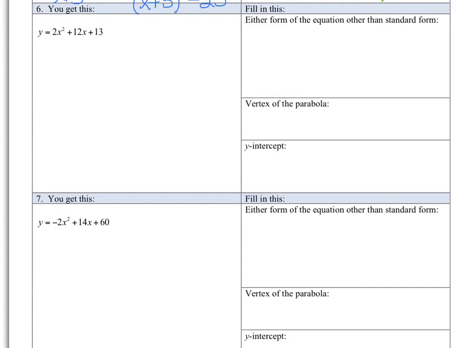All right, with number 6, we have y equals 2x squared plus 12x plus 13. If we want to factor it, we multiply 2 times 13, which gives us positive 26.